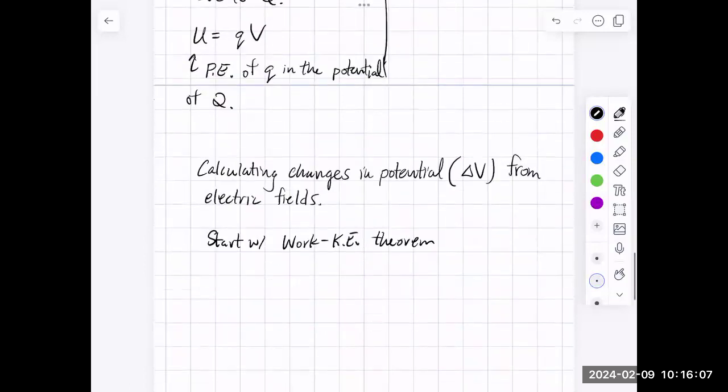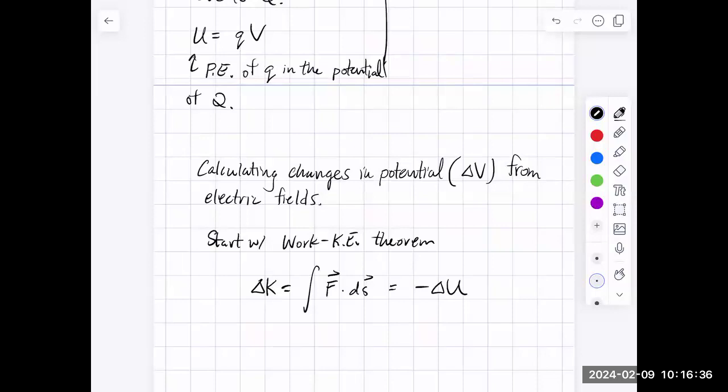Okay, so the change in kinetic energy is equal to the work, and the work is the integral of F dot ds. Okay, but we know that the change in kinetic energy is also equal to minus the change in potential energy, just because delta U plus delta K has to be 0.